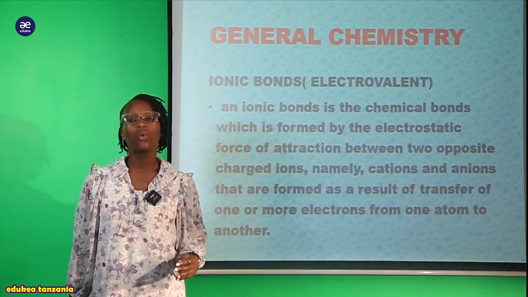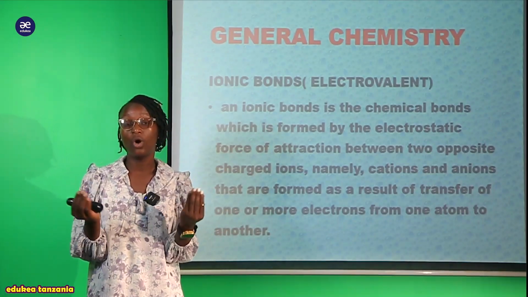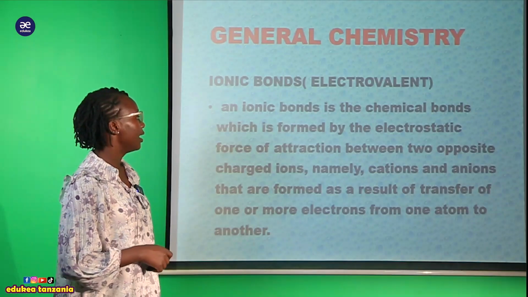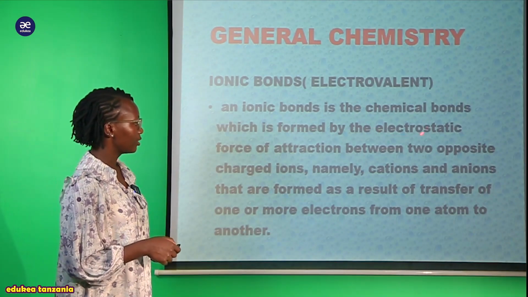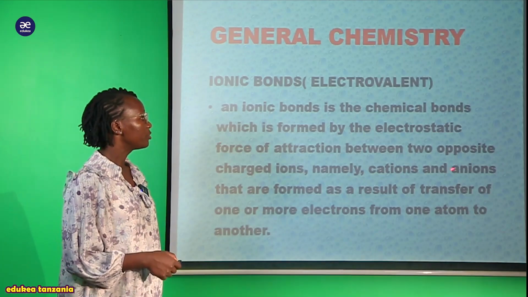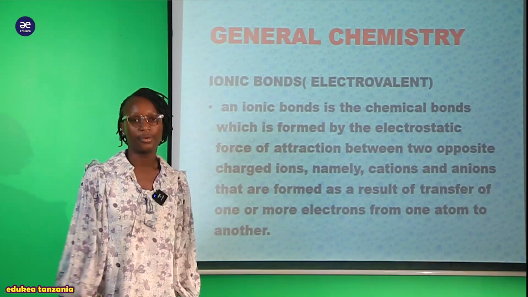First, there is that force of attraction which holds the compound together, that is why it forms a bond. So it is formed by electrostatic force of attraction between the two oppositely charged ions.